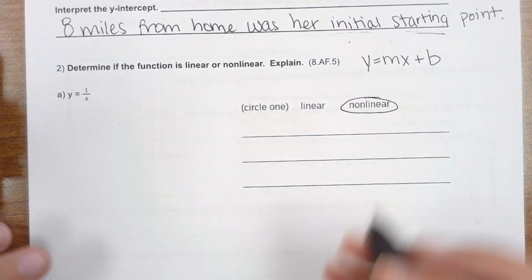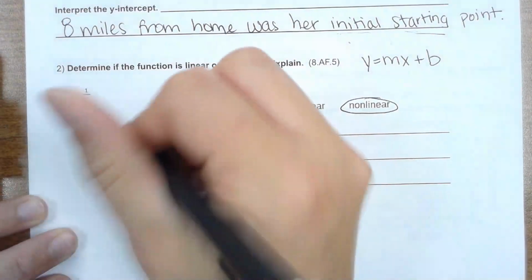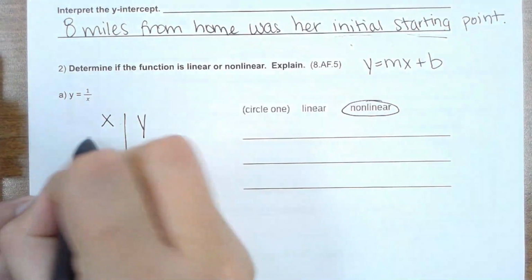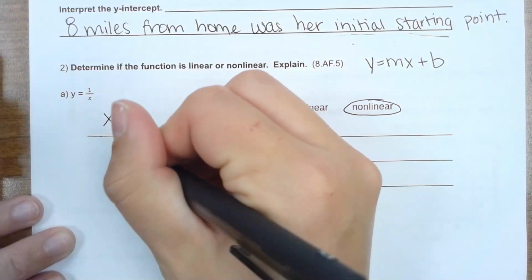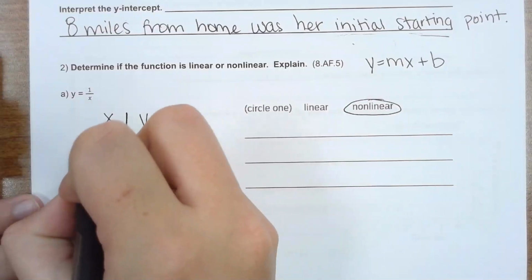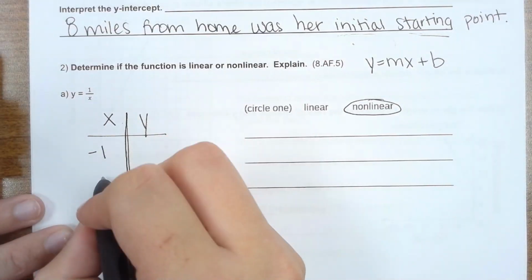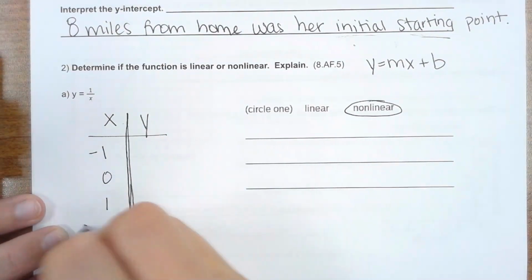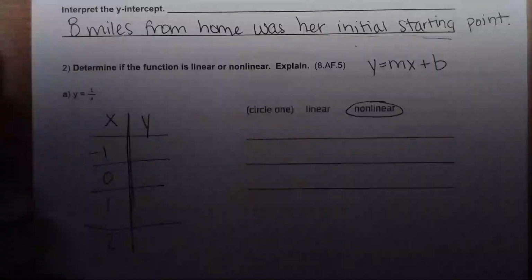Another way that you can check this is creating an XY table. And you can just start plugging in any x values that you want. We're going to talk about using -1, 0, 1, and 2 in our next unit.